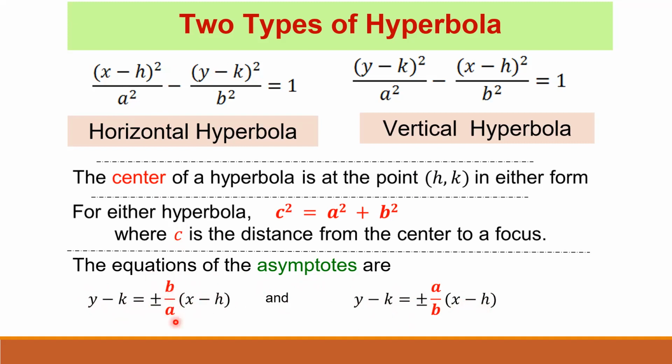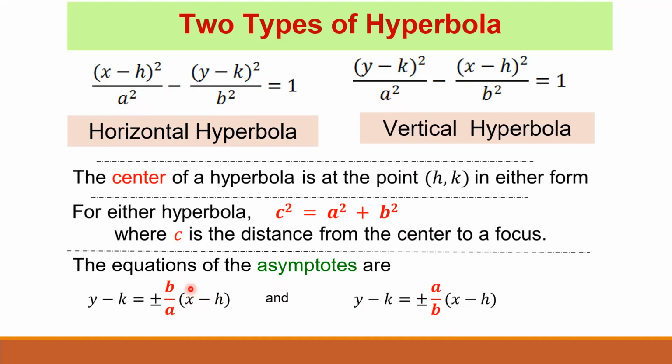So paano natin kinukuha yung slope? Again, nasa ilalim ni y over nasa ilalim ni x. Kaya lang don't forget to extract the respective square roots. Nasa ilalim ni y over nasa ilalim ni x. So same principle as this one, no? Nasa ilalim ni y over nasa ilalim ni x for vertical hyperbola. Okay?